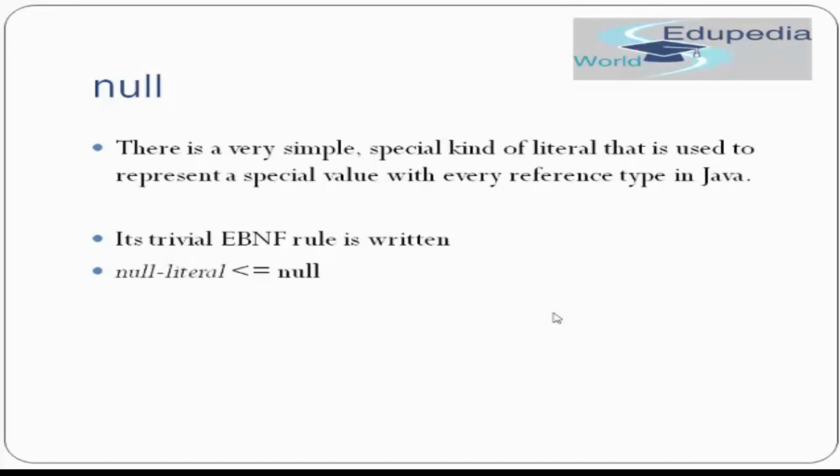A null reference is something that, in memory, is not consuming an object. If I define a reference with a class name and my object name equals null, that means the object is not yet initialized. It will only be initialized when I use the new keyword with it. That's why null has a very special meaning in Java.